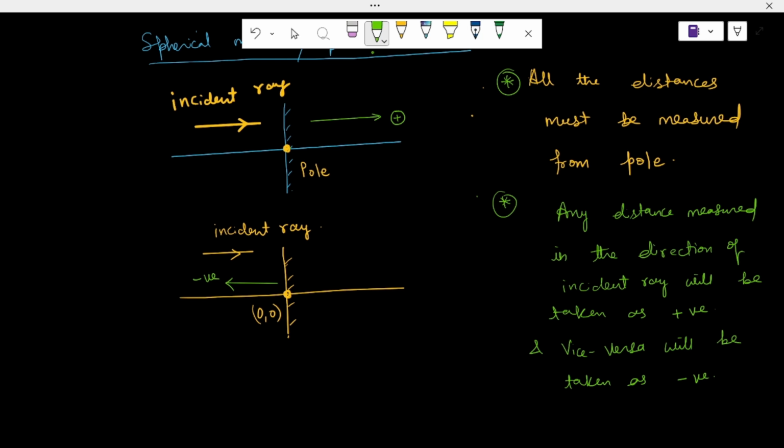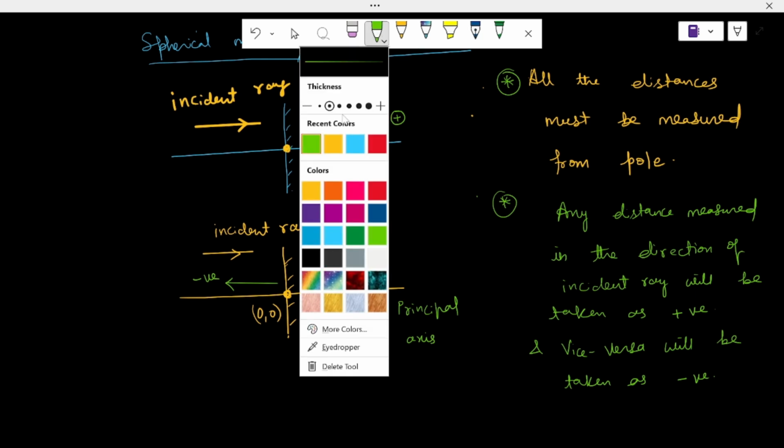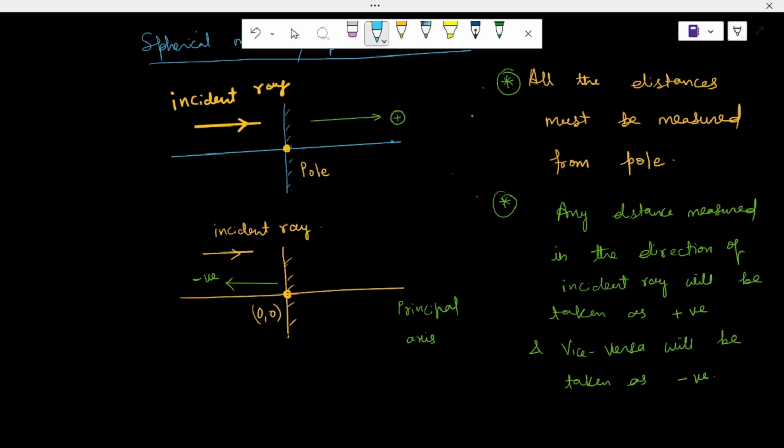Of course, as I said, this is the principal axis. So just like Cartesian sign convention, any distance measured above the principal axis will be taken as positive, any distance measured below principal axis will be taken as negative.